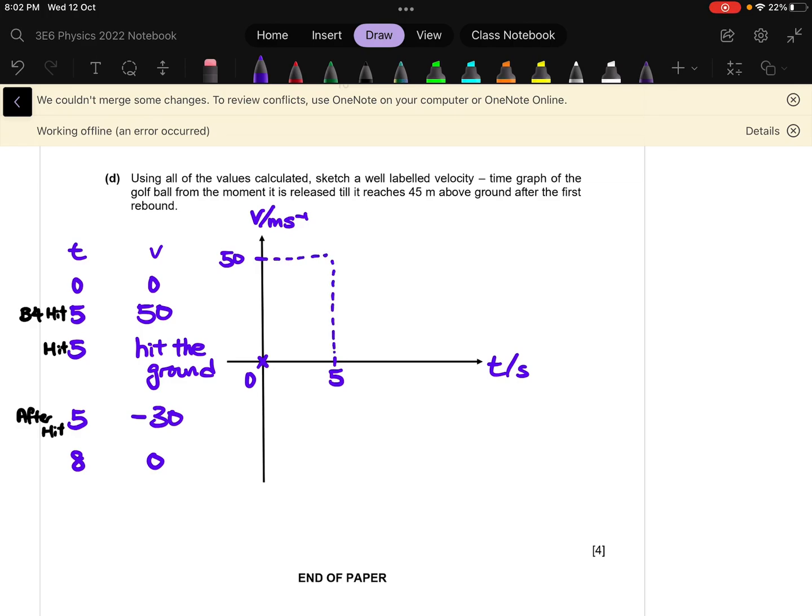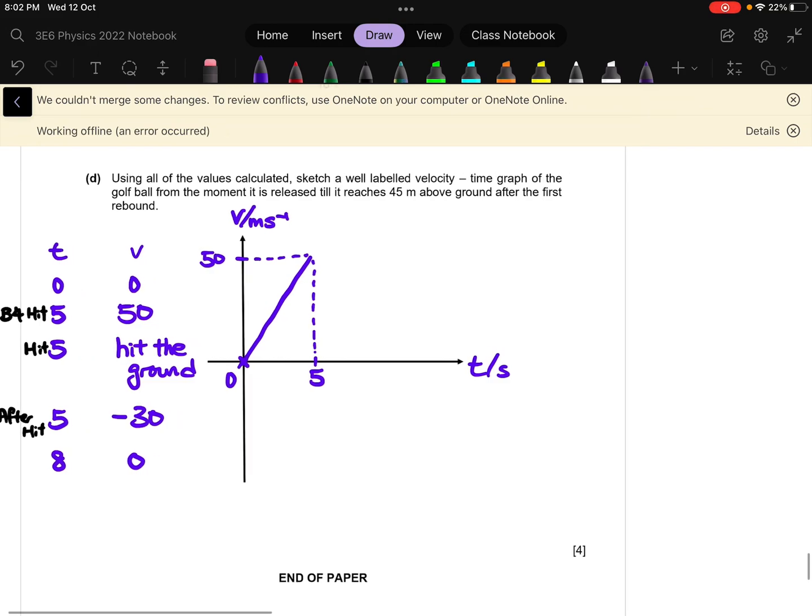So I have this. Then after that, it is going to be a straight line because my acceleration is constant, right? I know that this guy is going to be a straight line graph, right? Because your acceleration is constant, right?